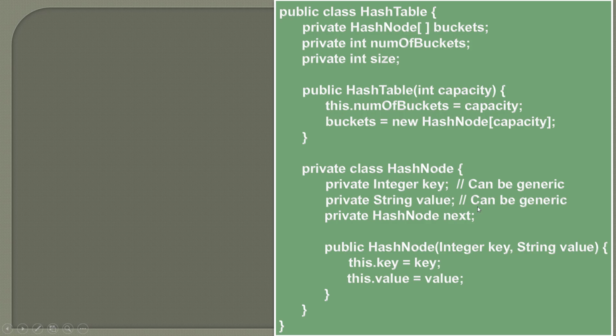Basically most of the things remain the same when we take any generic type of key and value. The third member is a reference to the next hash node, which helps us in storing the key value pair in a chain when a collision occurs.